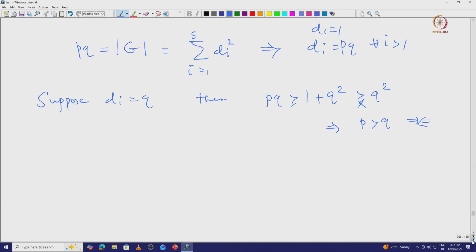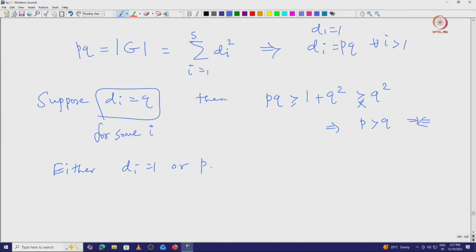So, we cannot have d_i equal to q. We can only have d_i equal to 1 or p.